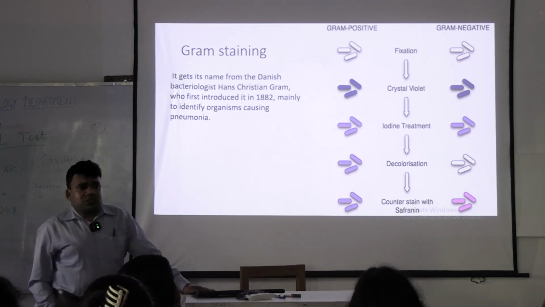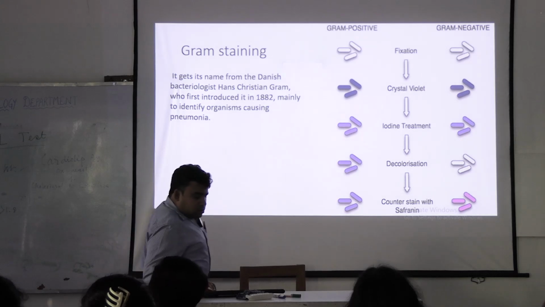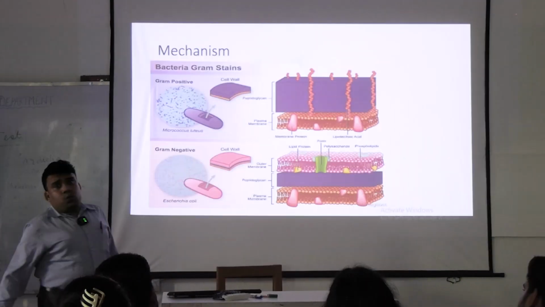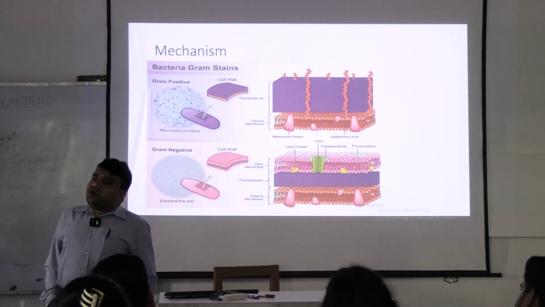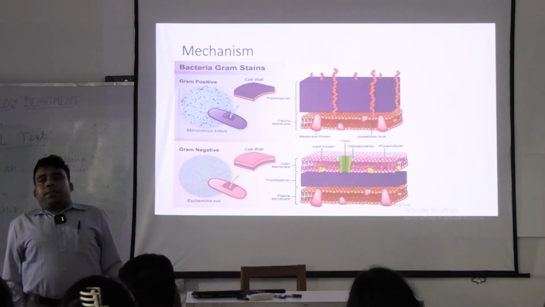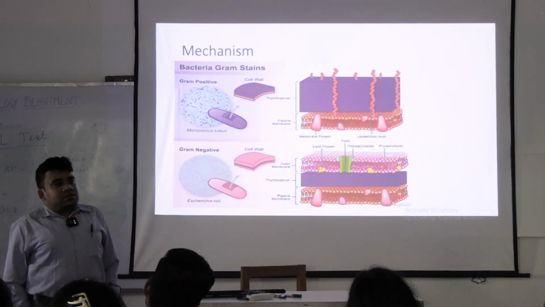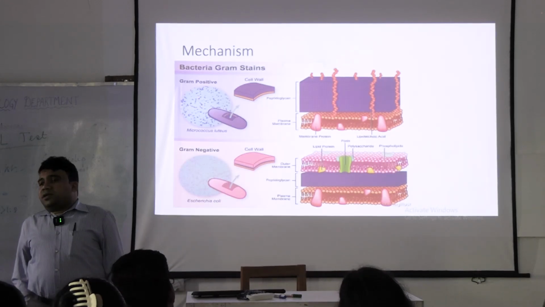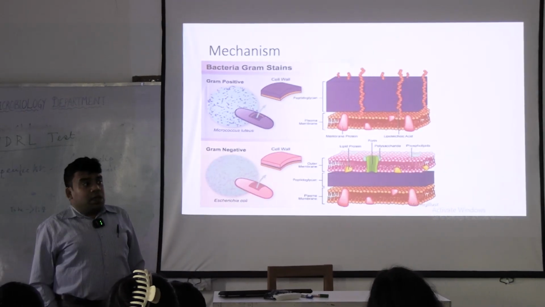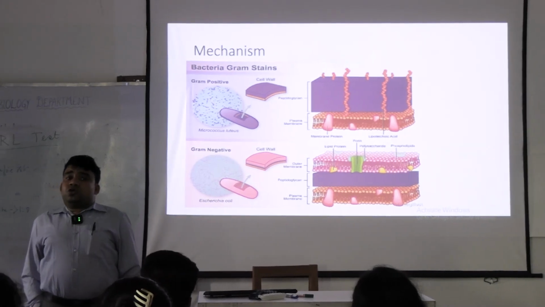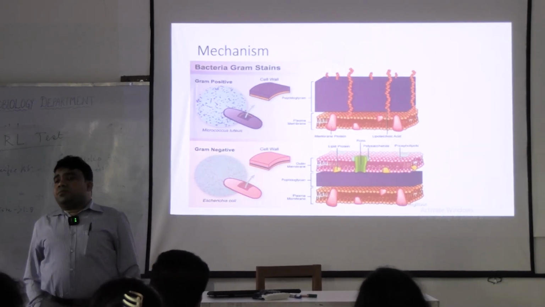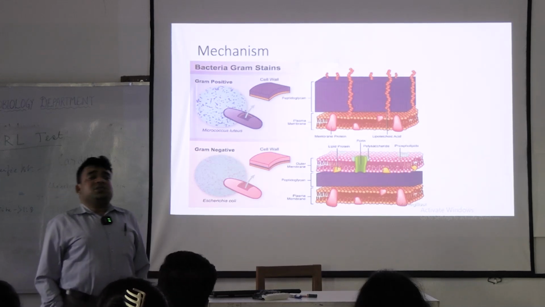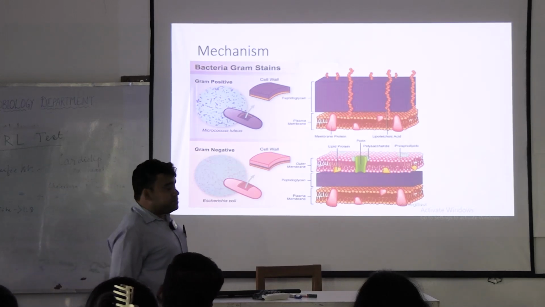There are many modifications of Gram stain. That is not what you need to learn today. What you do need to learn is, based on that staining, the bacteria were divided into two types. One type of bacteria were called gram positive, which are all those bacteria which retain the primary stain. The other group was called gram negative, which did not retain the primary stain.